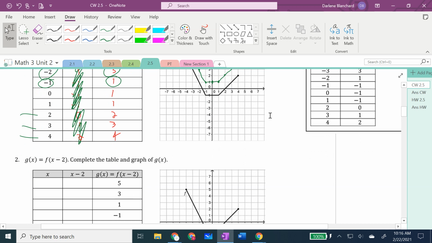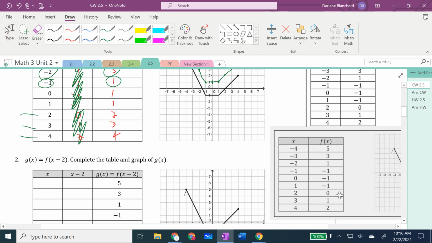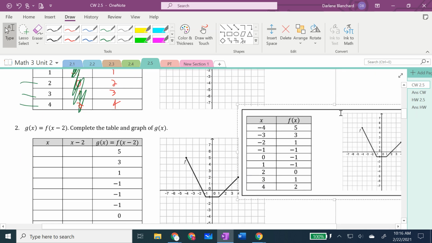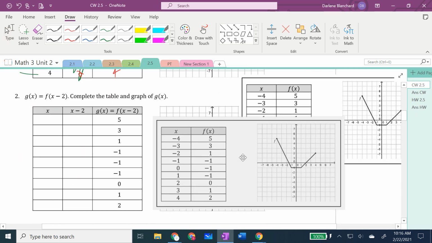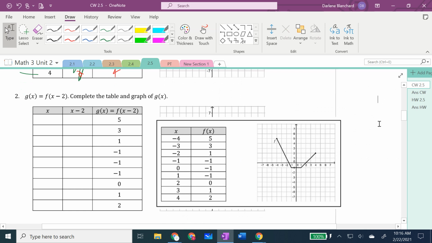For the next table, we're going to look backward. What I have here is we are starting with the column for the answer to f. And now listen really carefully.